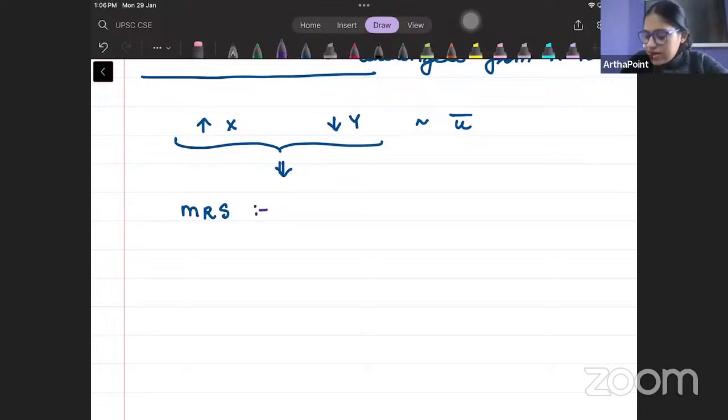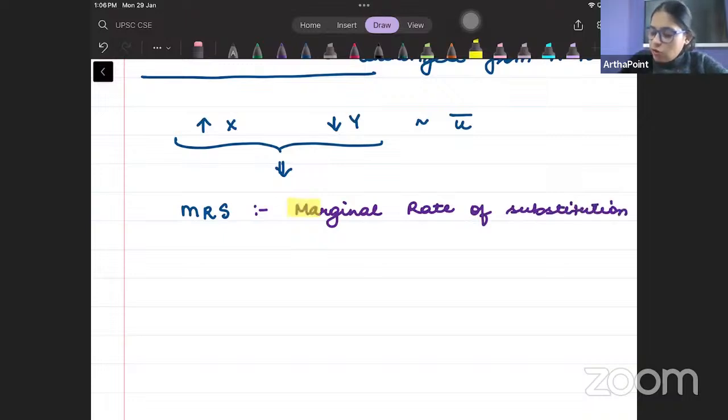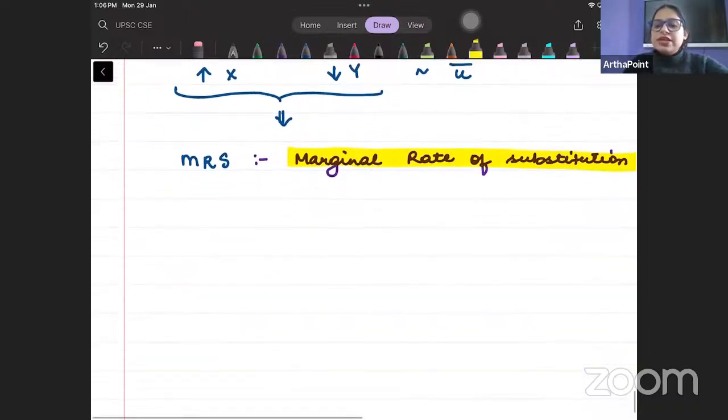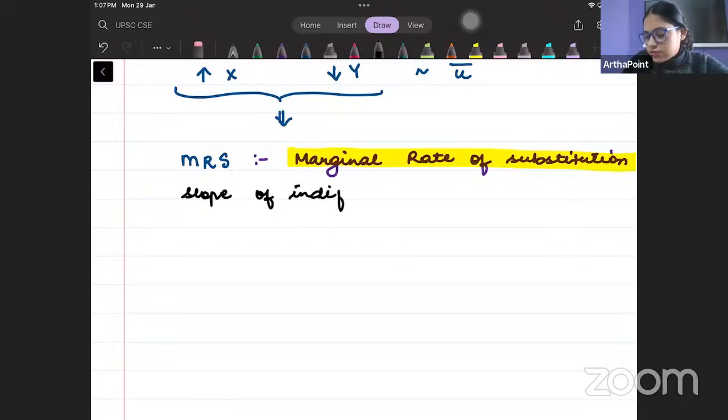Marginal rate of substitution. But what is the marginal rate of substitution? It is the slope of the indifference curve. Slope means perpendicular by base.